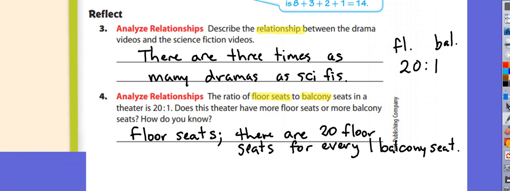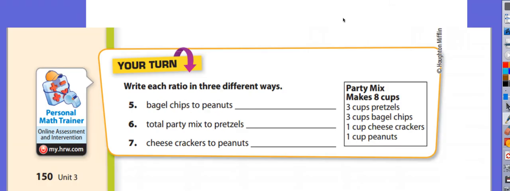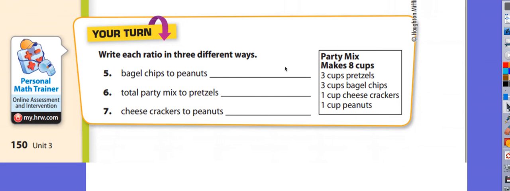Okay, I'll turn the page and we will read and try questions 5 through 6. I'm going to help you read the directions actually, because sometimes kids don't read this carefully. It says, write each ratio in 3 different ways.